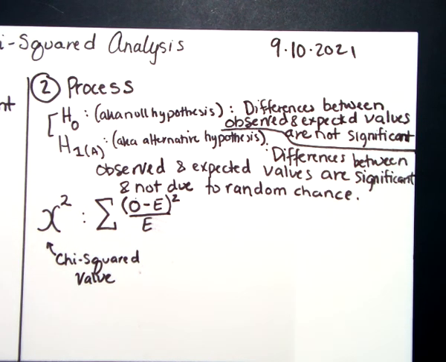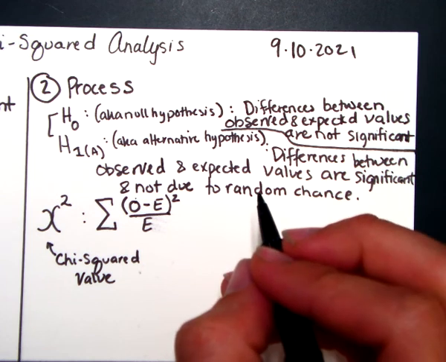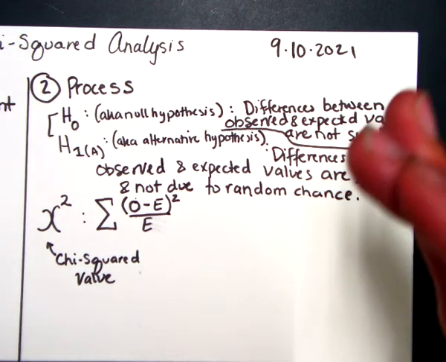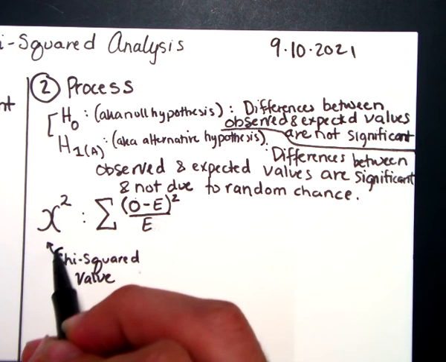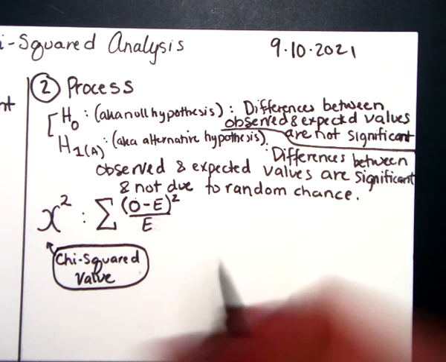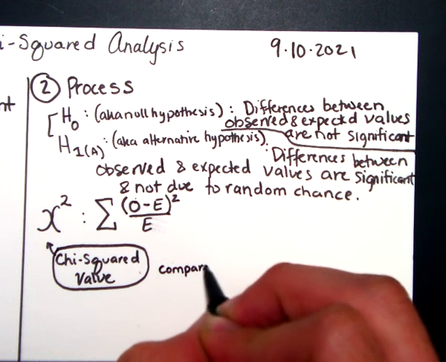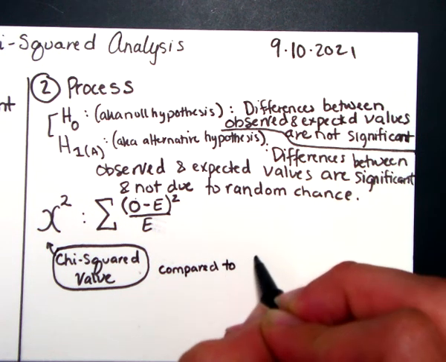All right. Now, what we do with this chi-square value is take this chi-square value and we compare it to something called a critical value.